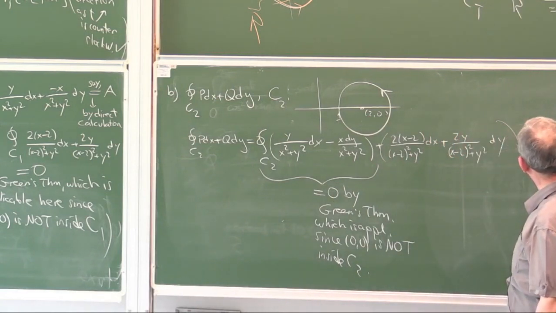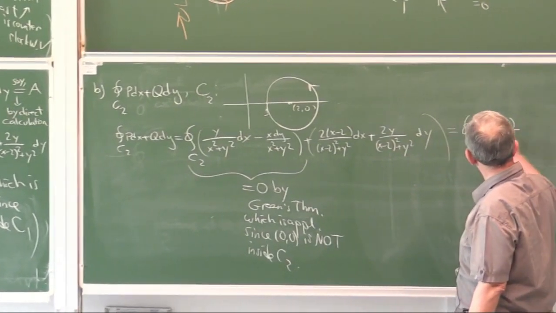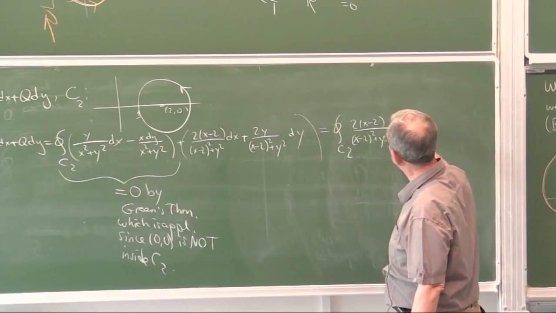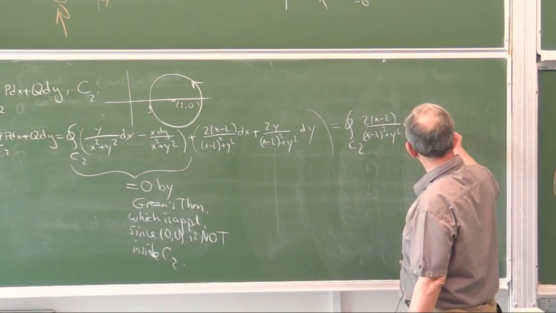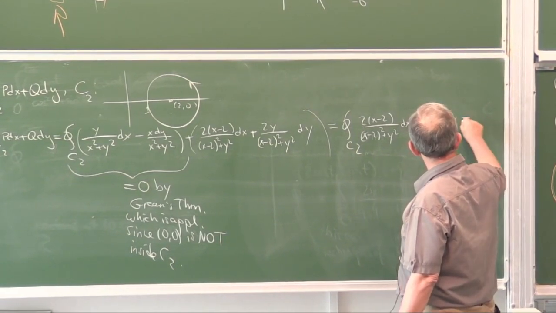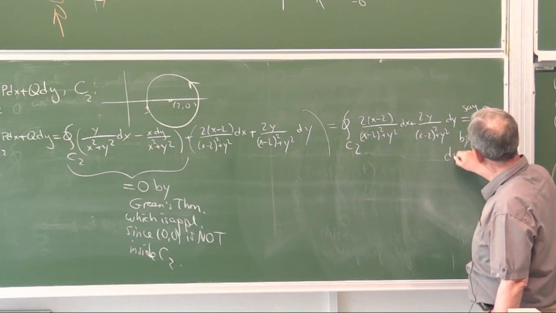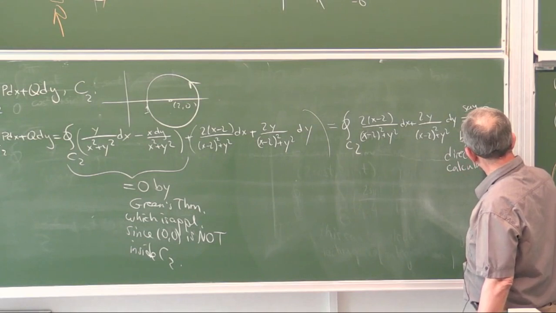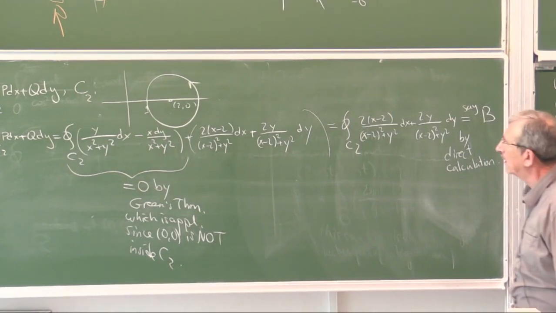So this is exactly the integral over C2 of 2x minus 2 over x minus 2 squared plus y squared dx plus 2y over x minus 2 squared plus y squared dy, and say it is B, by direct calculation. We don't expect it to be 0. Actually, it's minus 2 pi or something.